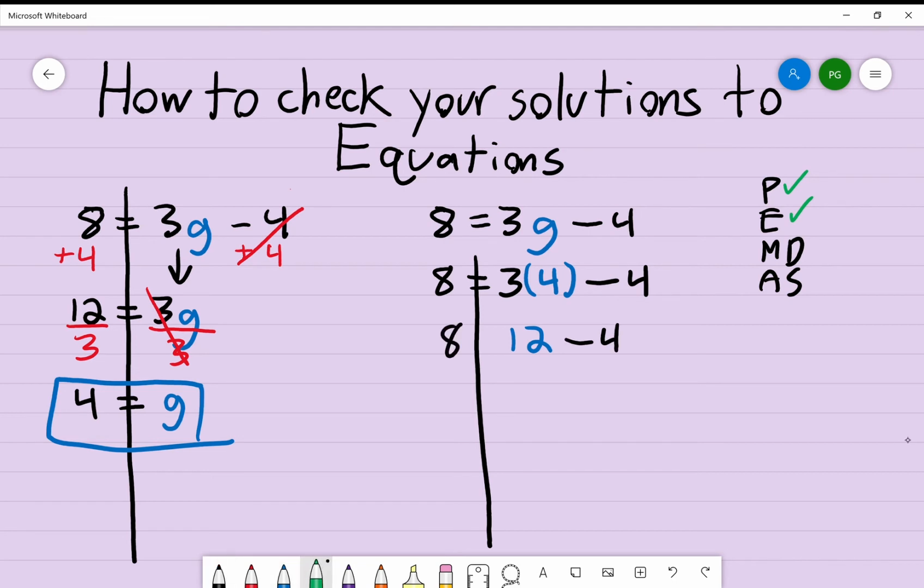So my multiplication is done, there is no division, there's no addition, but there is subtraction. 12 minus 4 is 8. Boom, let me bring down the equal sign, and 8 does equal 8. Both sides of my equation, both sides of my balance of my scale, they equal each other. So this is correct. Let's move on to another example, okay?